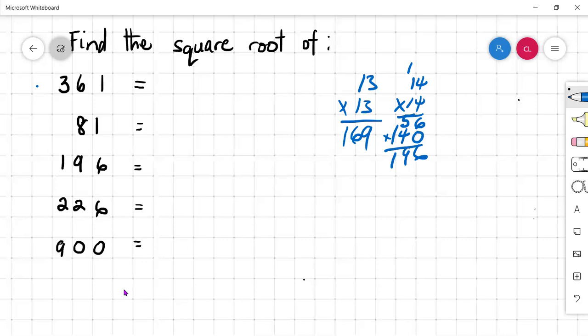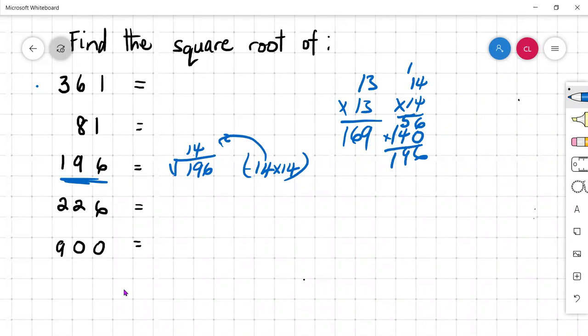Doesn't this look the same? Yes, sir. So what is the square root then of 196? 14. So the square root of 196 is 14, because this really would be 14 times 14, and we're taking out just one of them to get that.